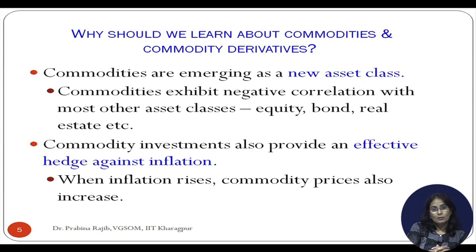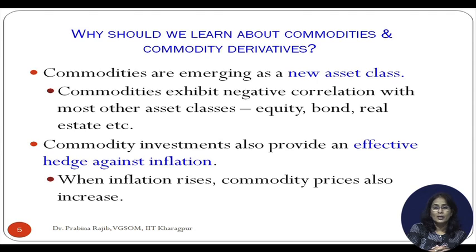So these two facts, that commodities exhibit negative correlation with most other asset classes, and that commodities are an effective hedge against inflation, are contributing towards many investors getting interested in adding commodities to their portfolio.